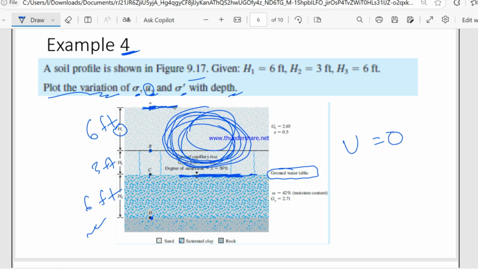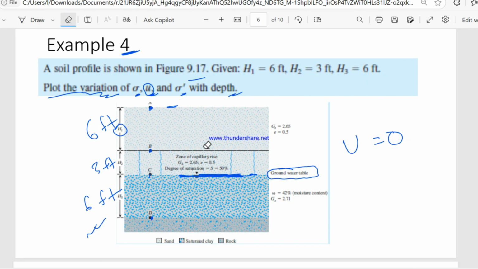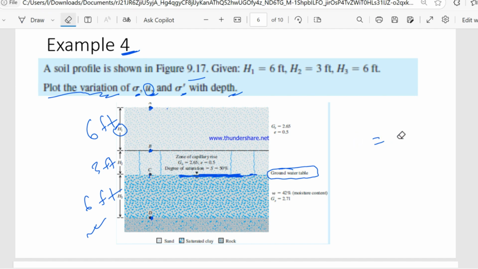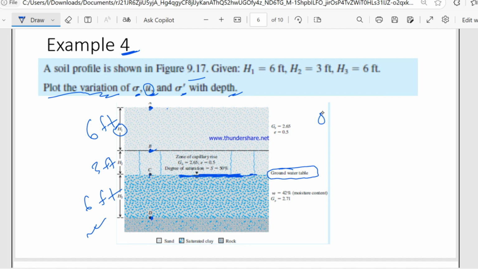At point B, for total stress, we know the formula is distance into unit weight.